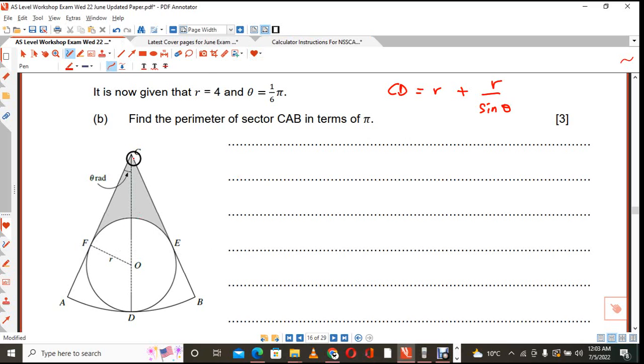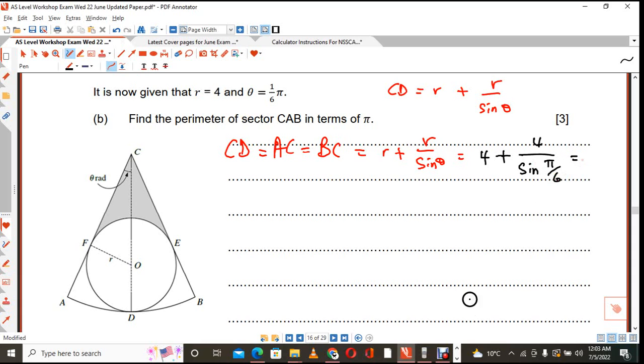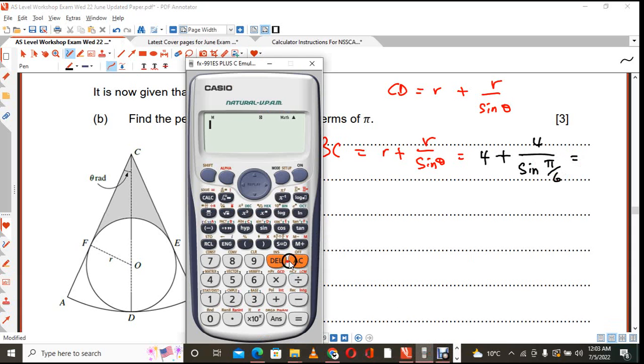Now, this distance CD is the same as distance AC, which is the same as BC, which would be r plus r over sine theta. We know our r is 4, and theta is pi over 6, so we can calculate that.